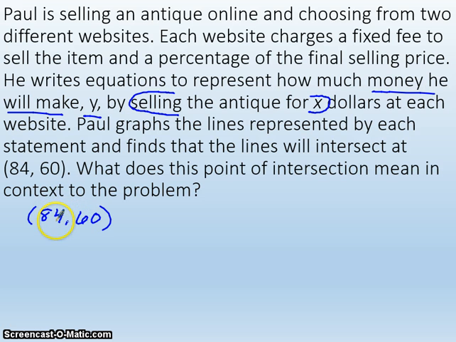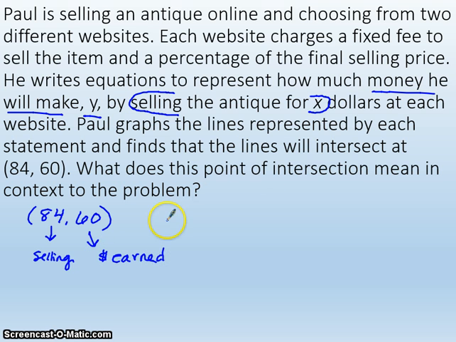So this is where the two lines will cross. Remember, each line represents one website. So X is 84, and that's the selling cost. And 60 is the amount of money earned.